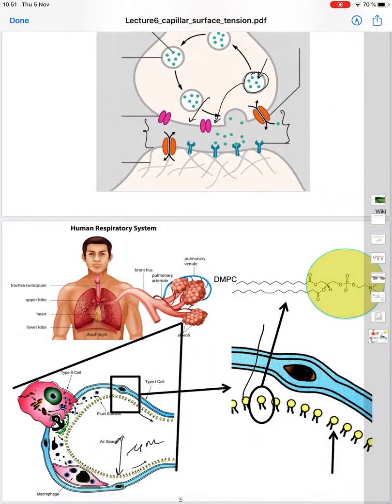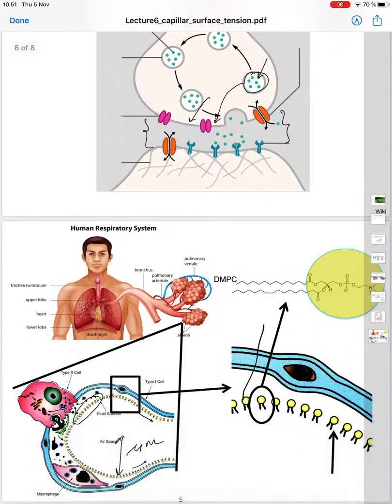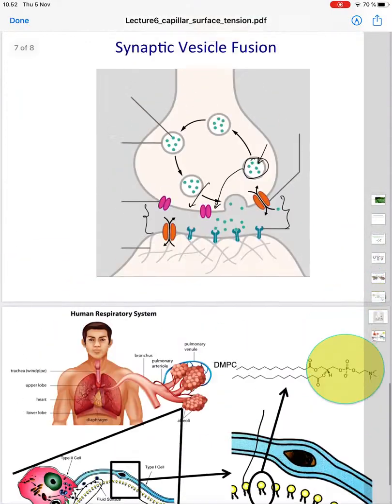And therefore, the pressure inside is much higher than the pressure outside, leading to a large pressure differential, and it takes a lot of energy for the alveolus to expand or to compress. This energy is reduced by the formation of what is called a lung surfactant layer, which you can see here, which is composed of lipids, which act as a surfactant to reduce the surface tension and allow us to breathe without expenditure of a large amount of energy. So these are some examples of the importance of surface tension in living systems.